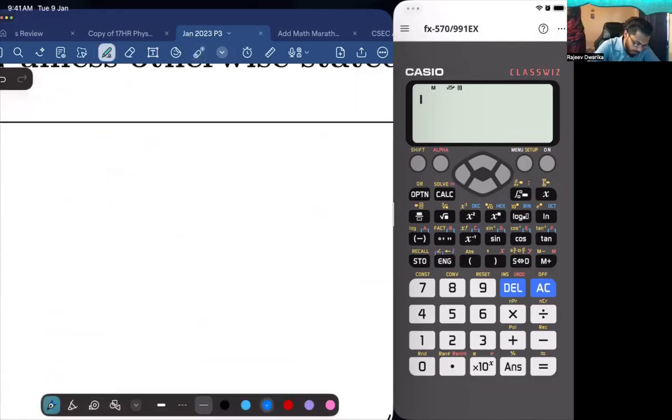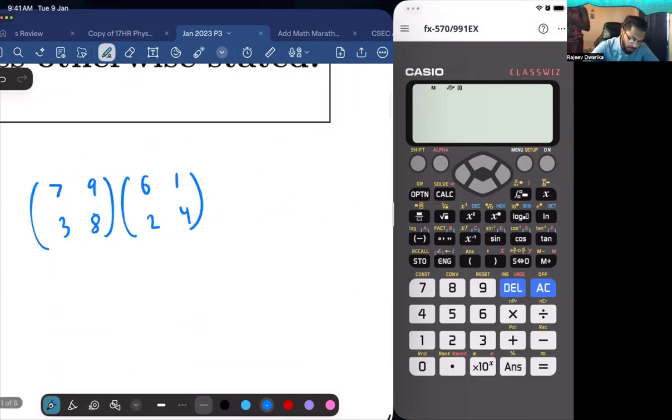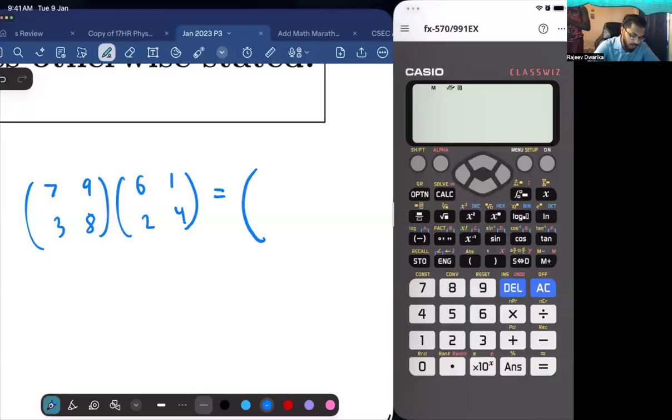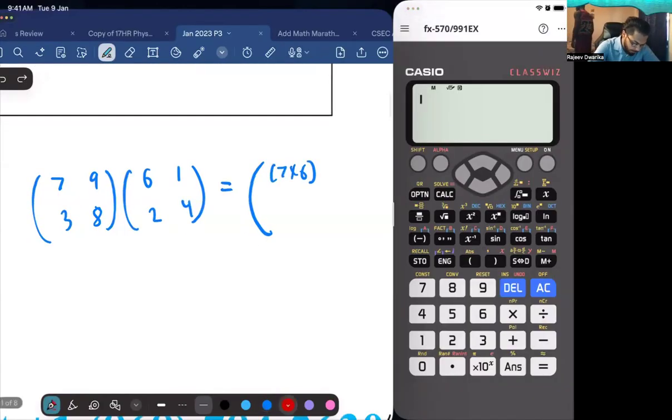Let me just say you wanted to multiply the matrix 7938 by, say, 6124. You're going to multiply the rows by the columns. That's the first row, and that's the first column. First element here, second element here.